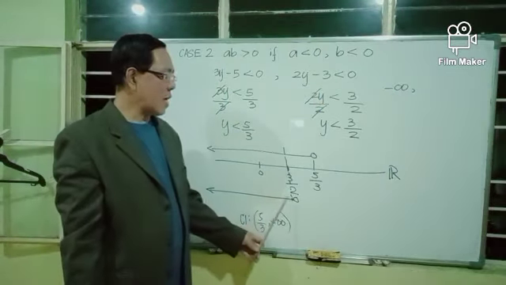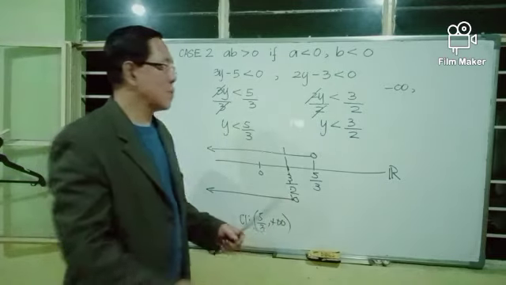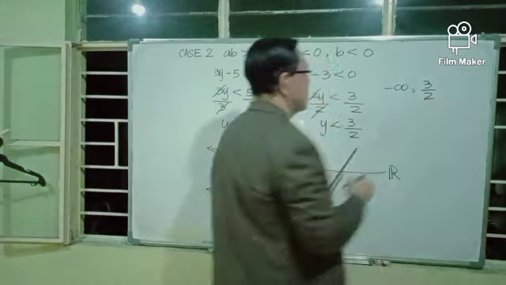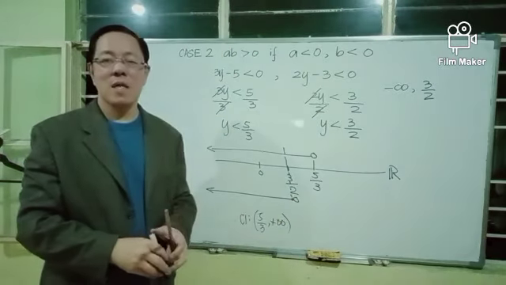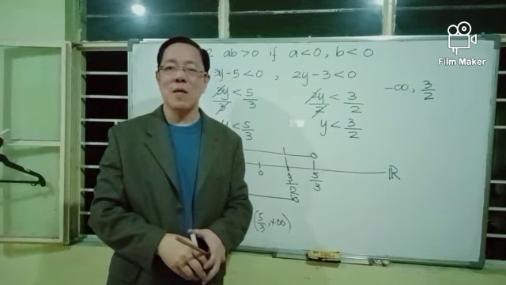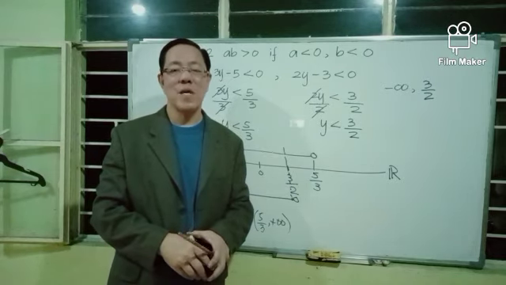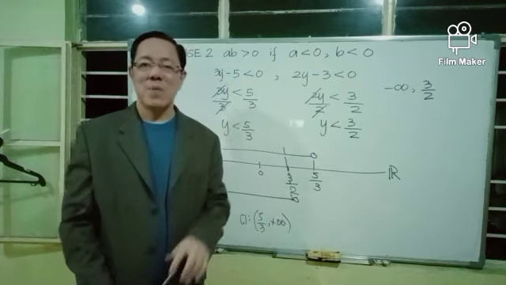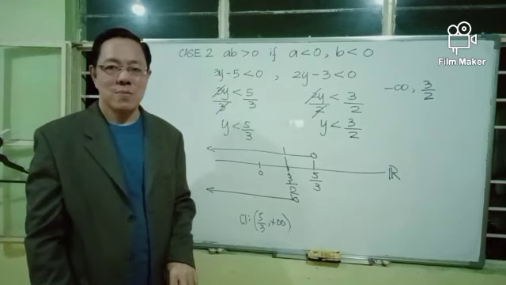And the right endpoint is 3 over 2. Again, because negative infinity is not a real number, it is just a symbol that represents a very, very small negative real number, negative infinity is not a solution.